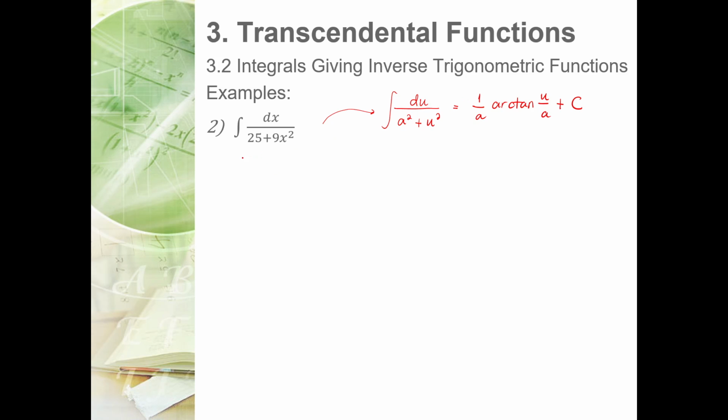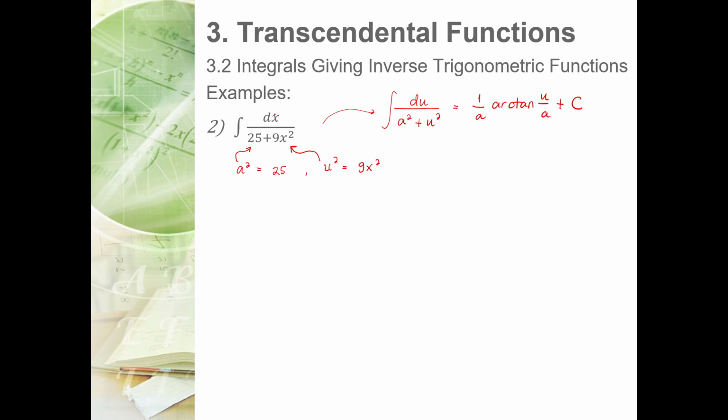Declaring the variables, we have a squared first. a squared is the constant, that's 25. Next is our u squared, that's 9x squared. So this one is a squared, this one is u squared.